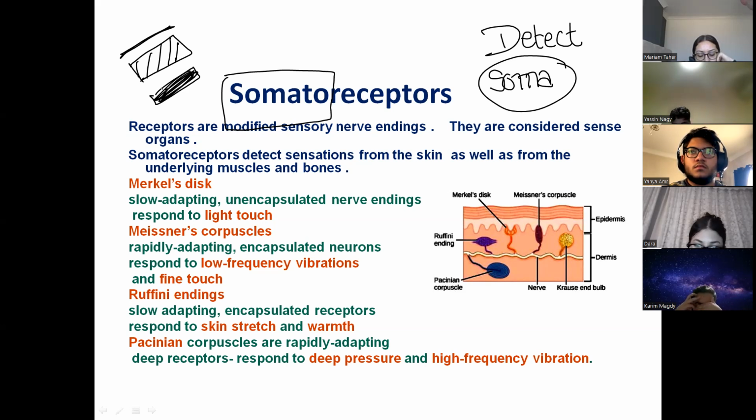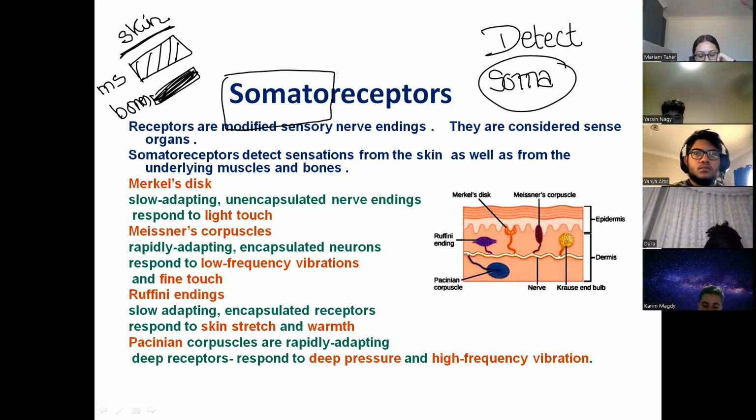Hence the name somatoreceptors. So somatoreceptors are receptors that detect sensations from those three structures: the skin, the skeletal muscles underneath, and the bones, or from the bones, muscles, and the skin overlying them.